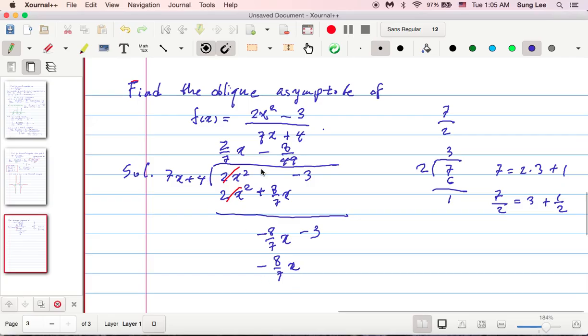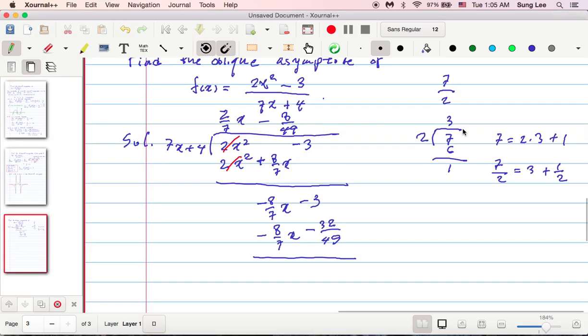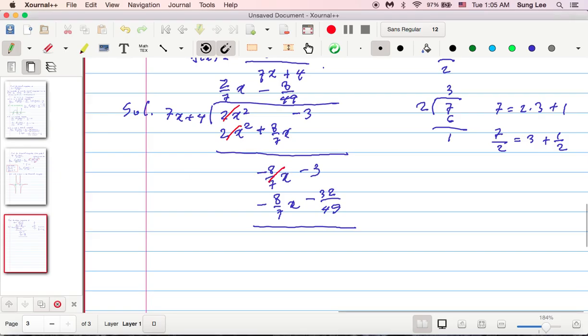And then 4 times negative 8 over 49 becomes negative 32 over 49. Then we are going to subtract it, so these two will be gone.